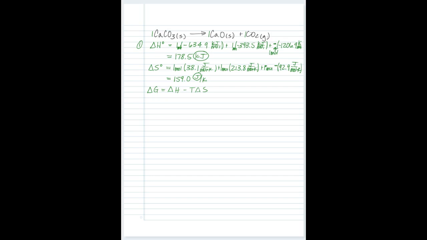So you have to convert either enthalpy to joules or entropy to kilojoules. I'm going to convert entropy to kilojoules, just because to me it makes the calculation a little easier.